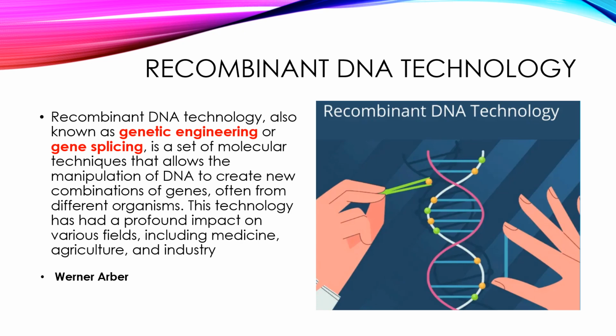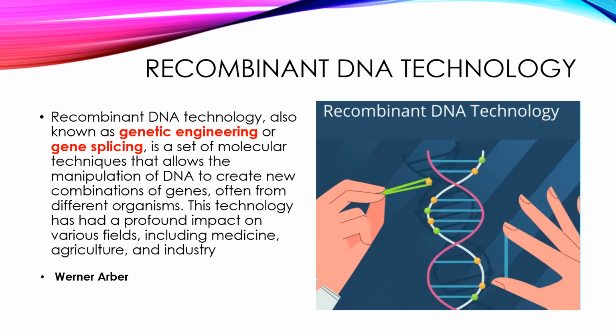The technology used for producing artificial DNA through the combination of different genetic materials from different sources is referred to as recombinant DNA technology. Recombinant DNA technology is also popularly known as genetic engineering or gene splicing.